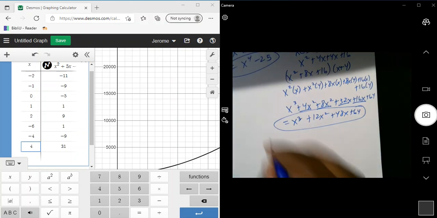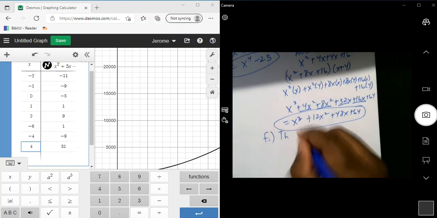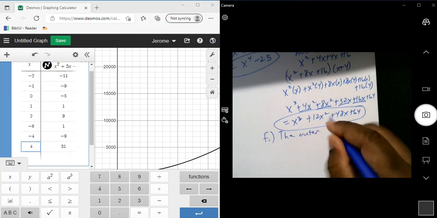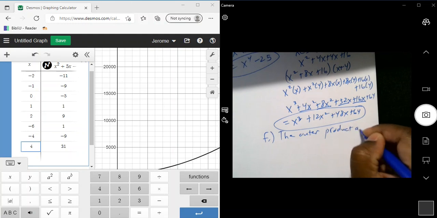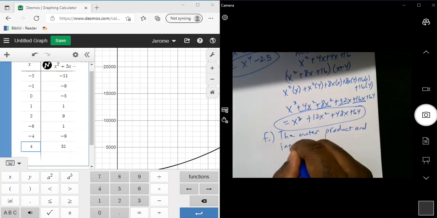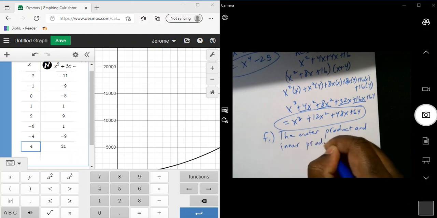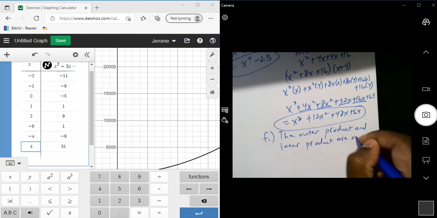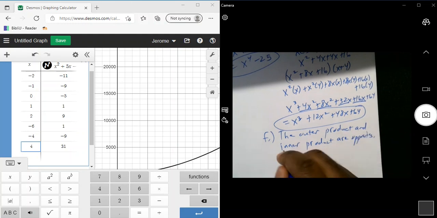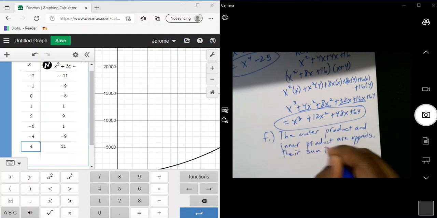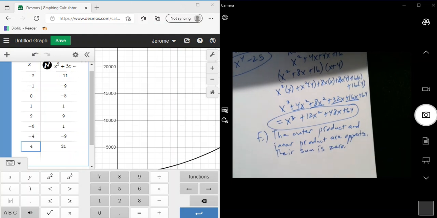So we could say that the outer product and inner product are opposites. Their sum is 0. That's how we end up with two terms.